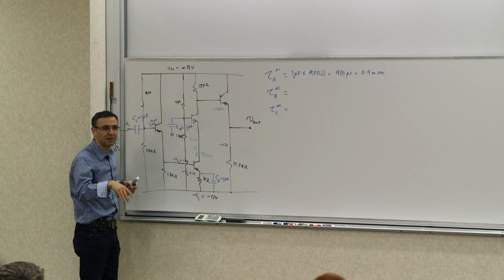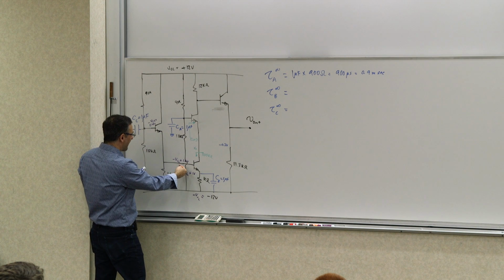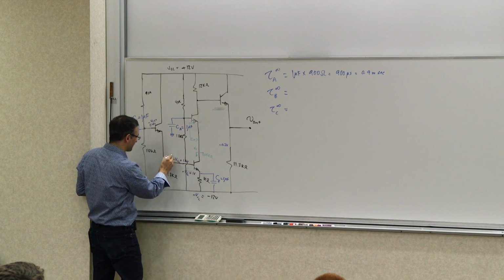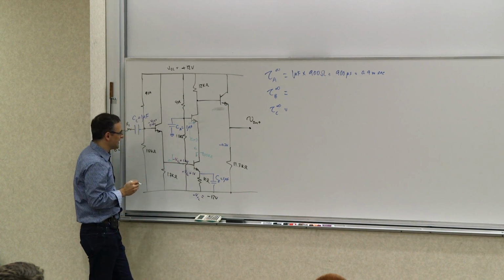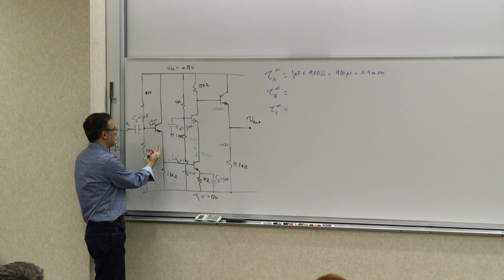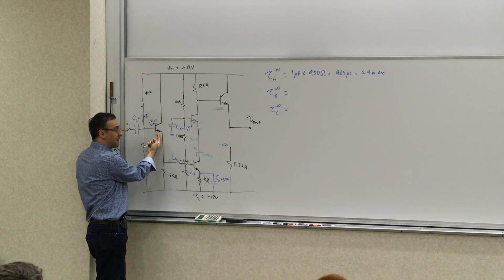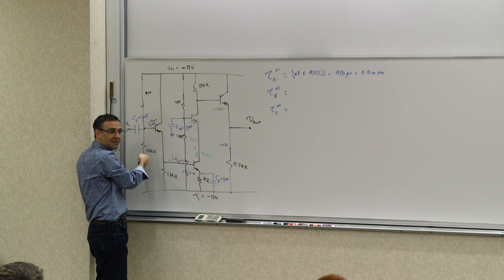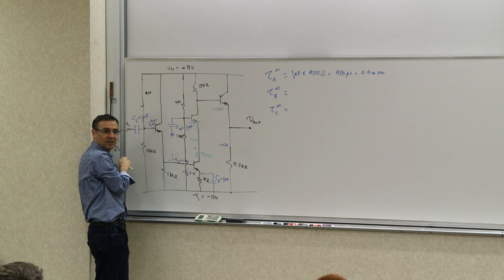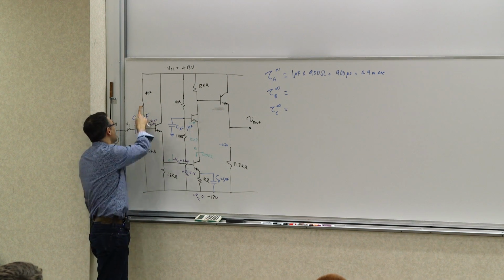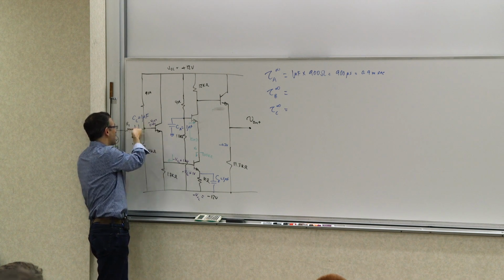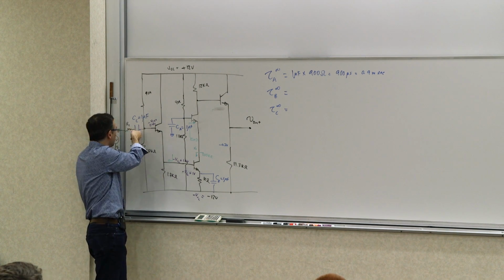Beta plus 1, but it doesn't matter, right? So now I have to see what is the resistance looking this way. Well, the resistance looking this way is Rm of this guy plus whatever it sees in the base divided by beta. What does it see in the base? It sees this guy parallel this guy, and now remember, this is shorted. This is infinite value. Parallel this guy.